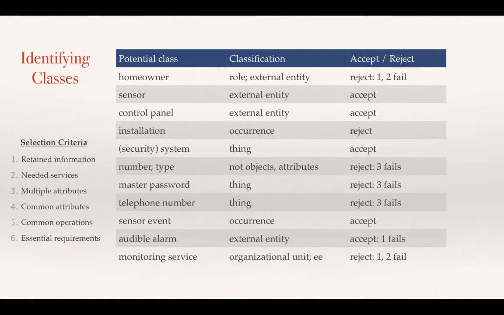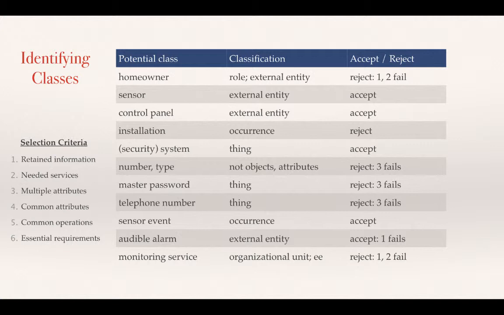Okay, now let's go through some concrete examples. We select homeowner as a potential class because the homeowner plays a role in our system and it's an external entity. But we ultimately reject homeowner because it does not retain any useful information, nor does it provide needed services. Think about this.